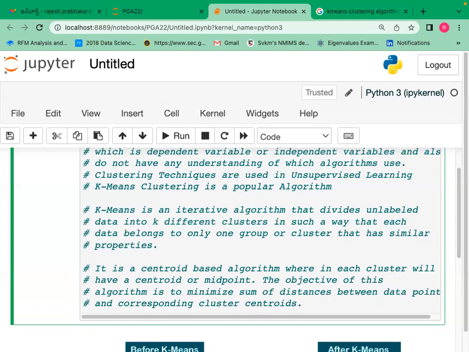Minimize the distance between the data point and the centroid.